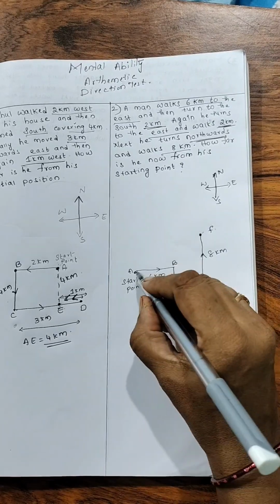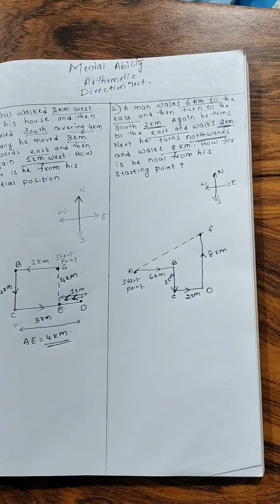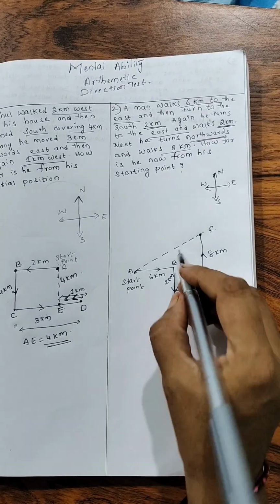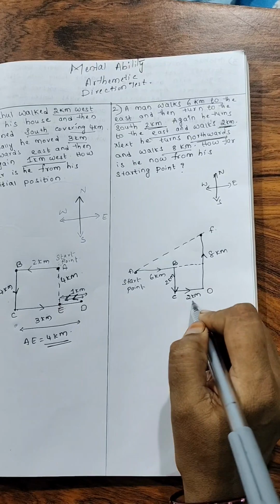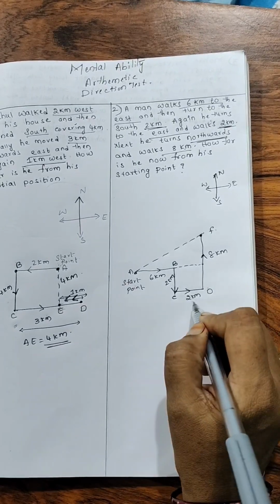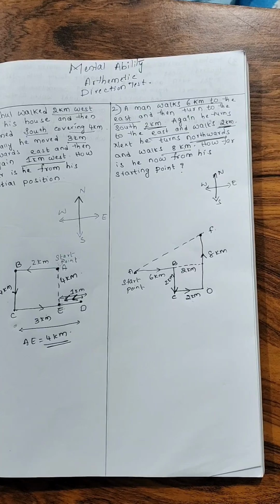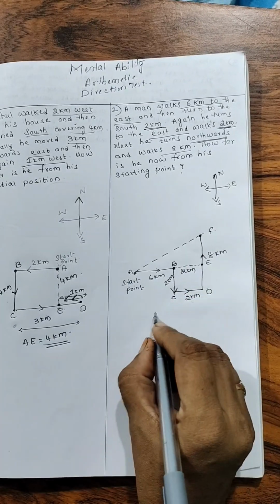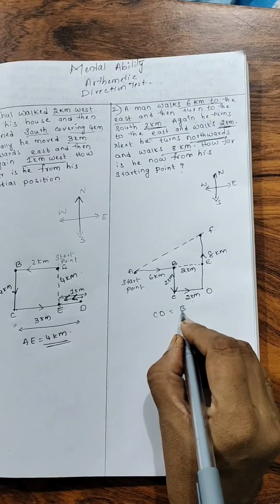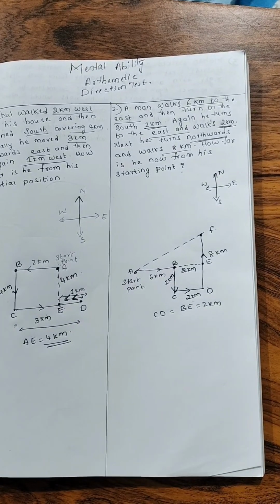Now, what he is asking: how far is he now from his starting point? So we have to find out this distance. Here CD is equal to 2 kilometers. Some BE you assume, CD is equal to BE, which will be 2 kilometers, from the diagram itself we can say.